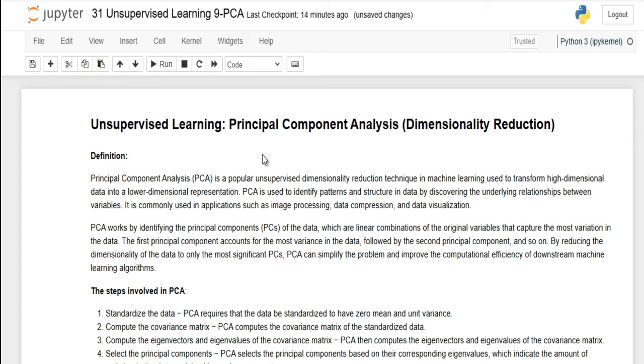We're still looking at unsupervised learning, looking at principal component analysis under dimensionality reduction. So we have looked at clustering, I've looked at association, and now we're looking at dimensionality reduction. This is the third category of our unsupervised learning algorithms that we have mentioned thus far.